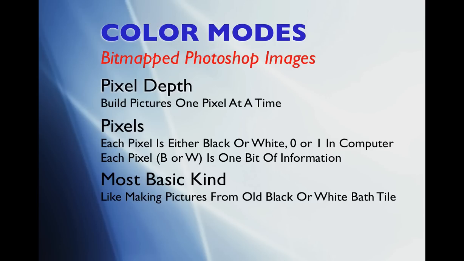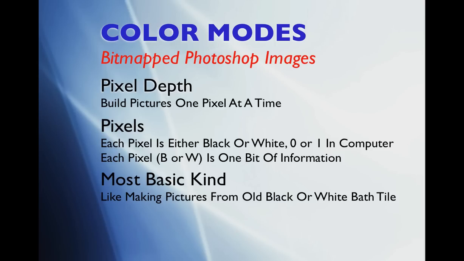We're going to start with the simplest form of a graphic, a pixel-based graphic. And remember, when at least for myself, when we're talking about Photoshop, we're also talking about anything that you capture with your digital camera or that you scan on a scanner.